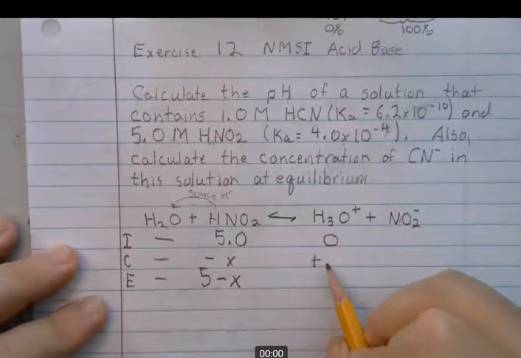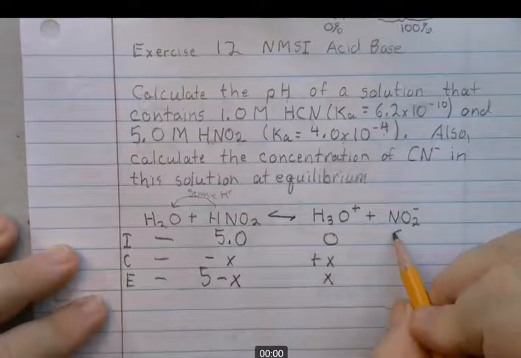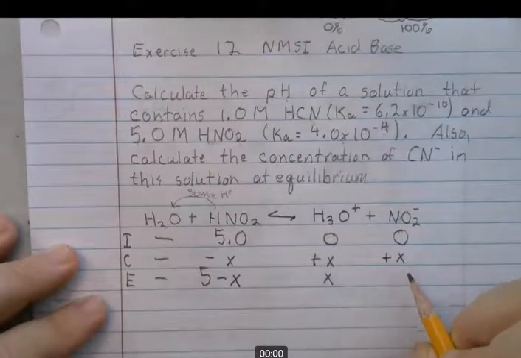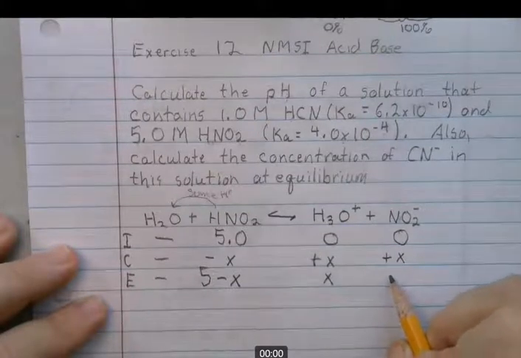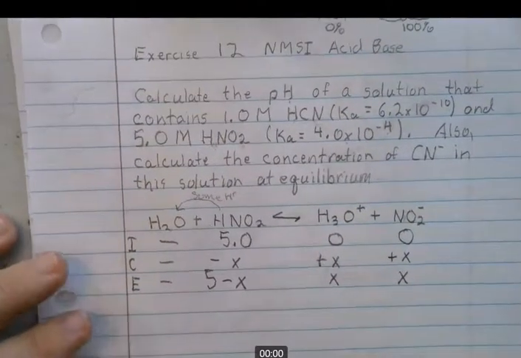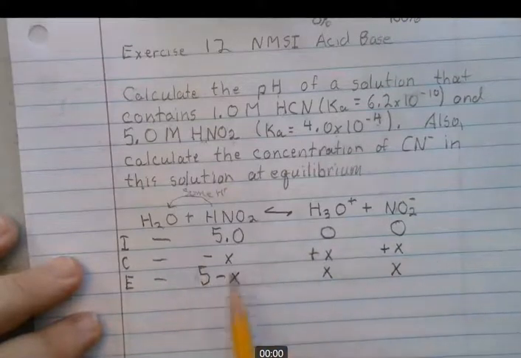We add X. So down here in the equilibrium, we end up with X. Same thing here. We start off with 0 of this. We add X. And we end up with X down here in the equilibrium. So there in algebraic form are our equilibrium concentrations of each of these.